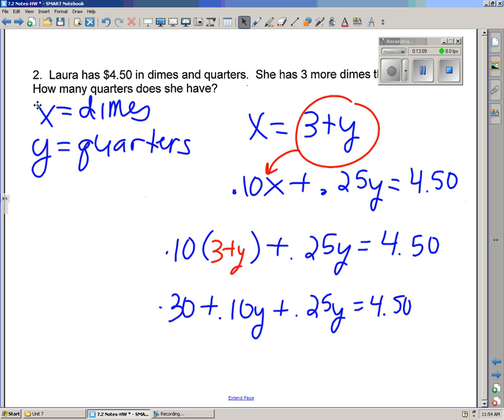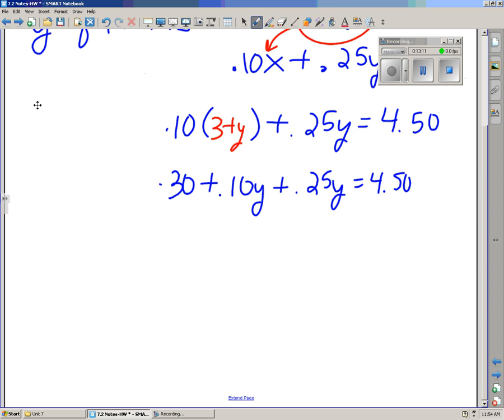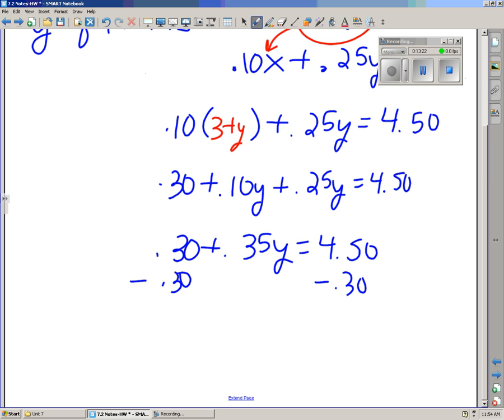When I combine my like terms, I get 0.30 plus 0.35y equals 4.50. Subtract the 30 cents from both sides. 0.35y equals $4.20.